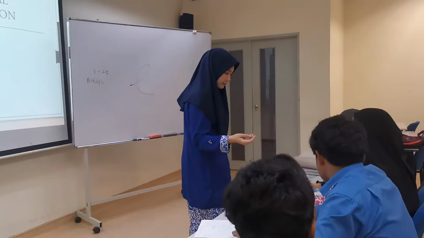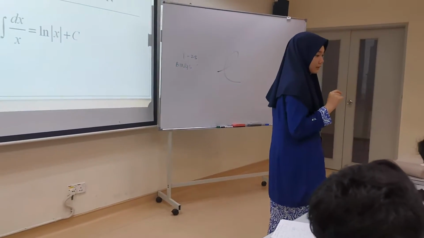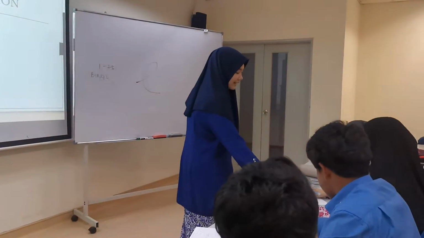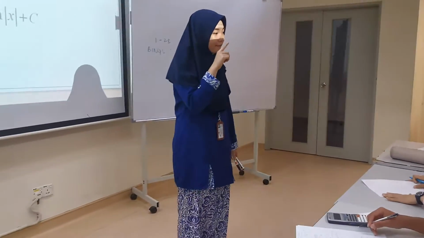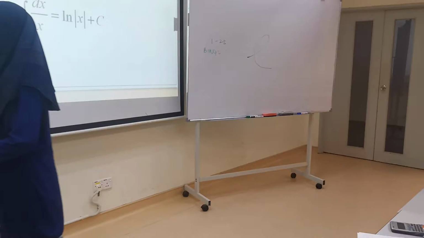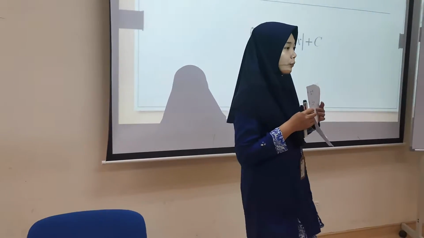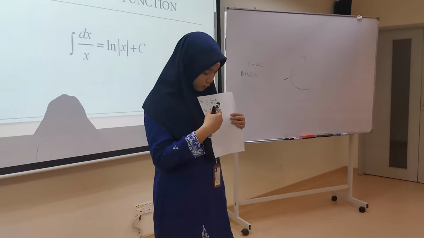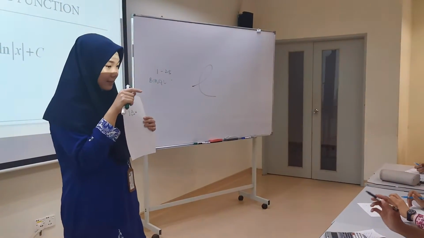We don't need to differentiate the inside, no need. This one is another law. What I taught before is 5 over 3 minus 2x. When 5 is taken out, it becomes 1.